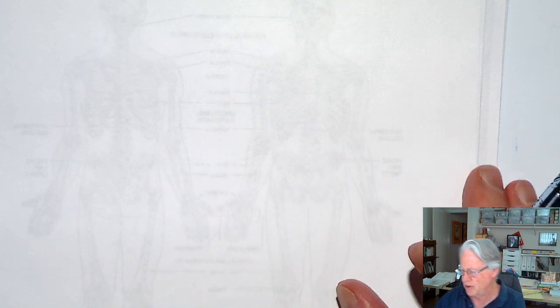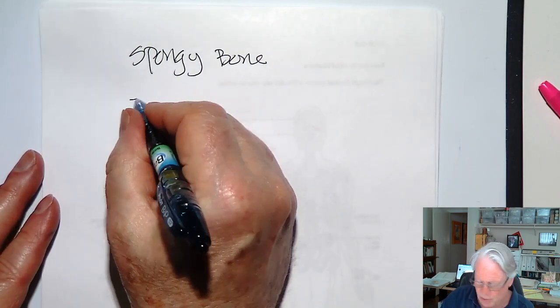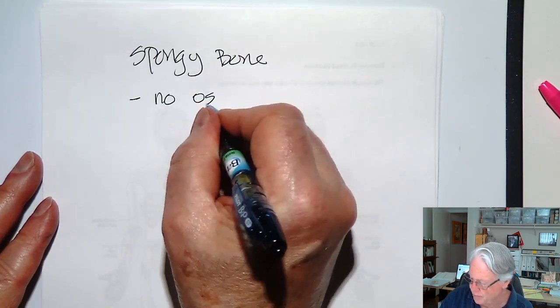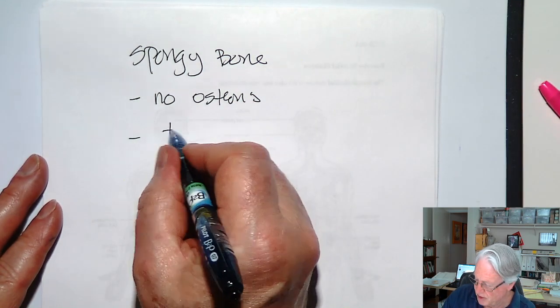All right, so spongy bone. Let's go through in our notes and identify the salient features. So, number one, no osteons. Okay. Instead, what we have is trabeculae.